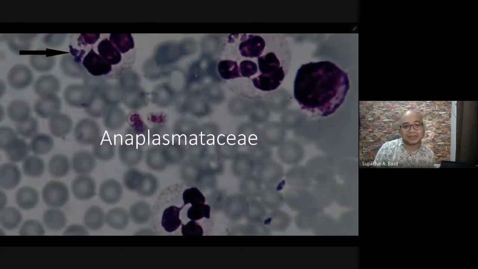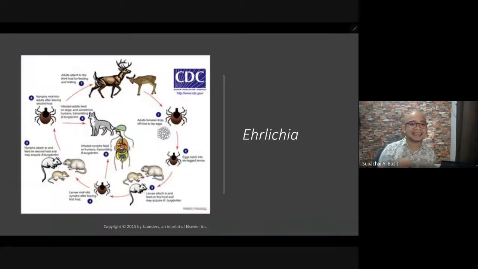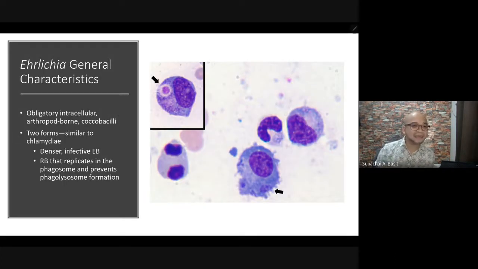Okay, so moving on to another family. Let us now discuss Anaplasmataceae. The group members are Rickettsia, Anaplasma, and Ehrlichia. Rickettsia is an obligate intracellular arthropod-borne coccobacillus.